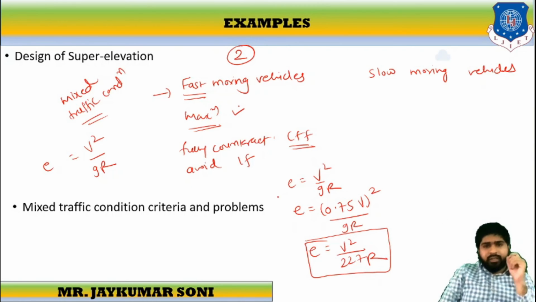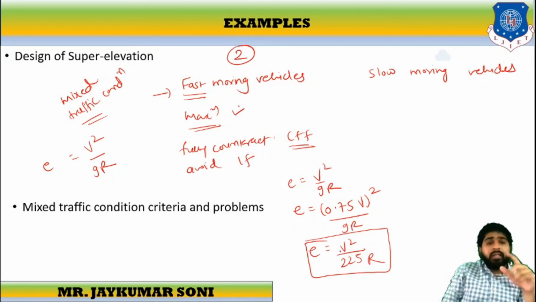After certain corrections by IRC, this value has been revised to 225. So for the mixed traffic condition, the super elevation that we are supposed to provide is e is equal to V square by 225R.